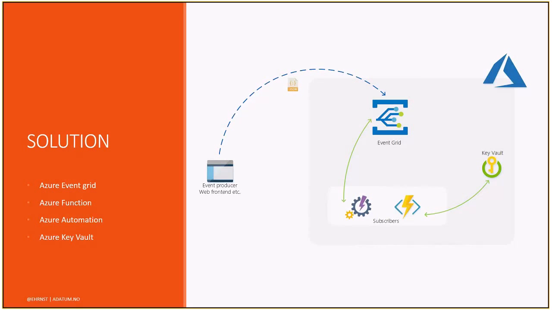Or if you can validate during code, you can post messages back to Event Grid saying that it has stopped, or there is an error, and then maybe present it back to the web form, or whatever started the event or the process in the first place.